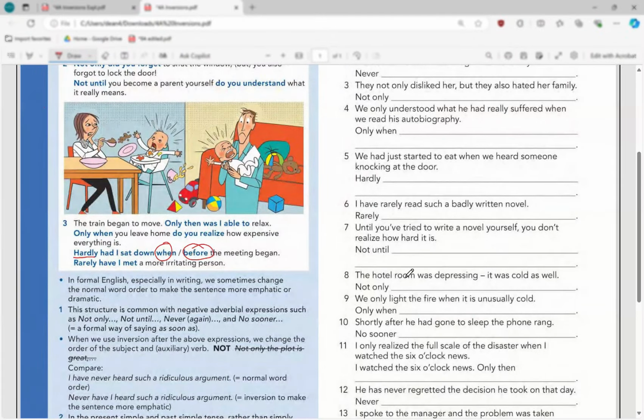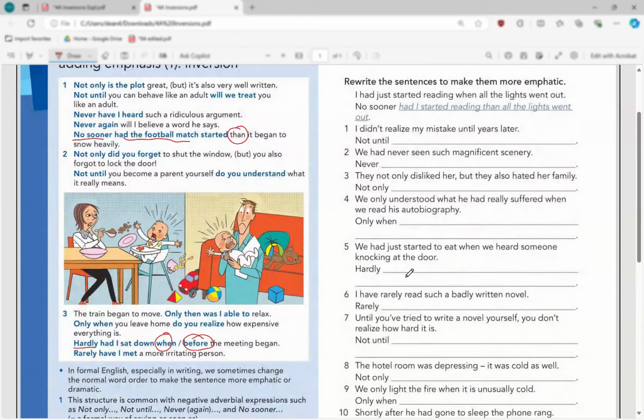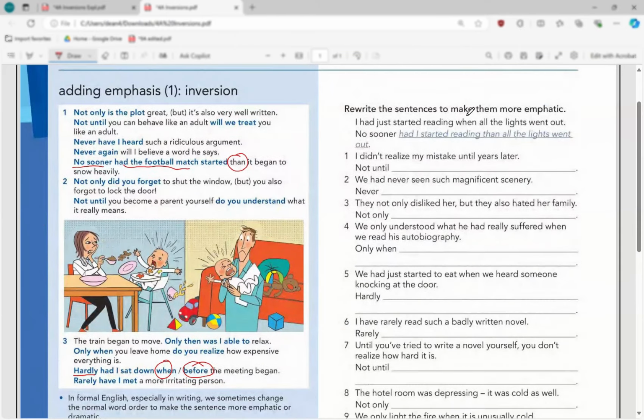So let's start doing the exercises here. Rewrite the sentences to make them more emphatic. So basically, the inverted version of the same sentence. I didn't realize my mistake until years later. As you can see here, not until. So I'm going to take the not from here, and then until years later.